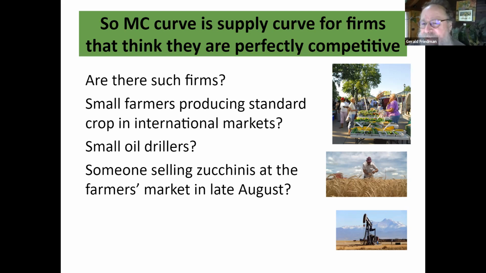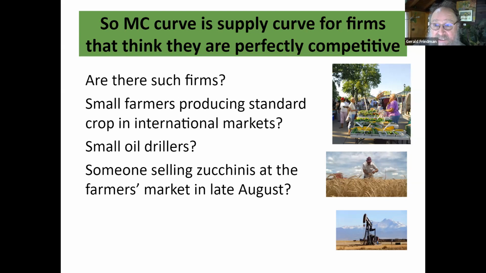Are there any such firms? Maybe a small wheat farmer dealing in international markets, maybe a corn farmer in Illinois selling to giant companies. But even they have a distinct product. Small oil drillers, possibly, but even those usually have some sort of relationship with ExxonMobil or one of the other giants.